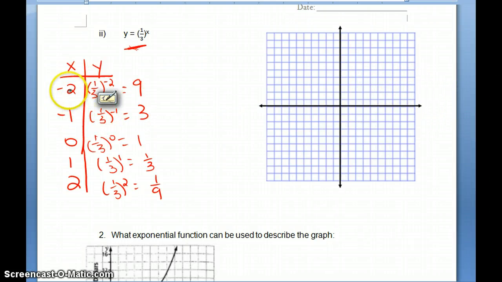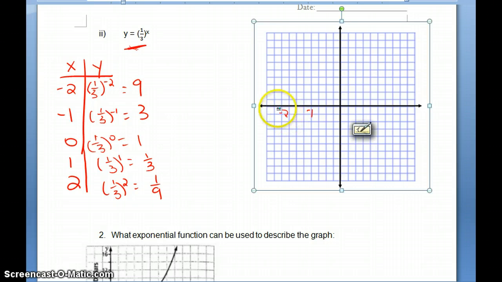And here our values are going from negative 2 all the way up to 2. So we could, once again, label it the same way. Each space there is going to be a 1. So that'd be a positive 1, and 2. And then here we're going from 9 to 1 over 9.